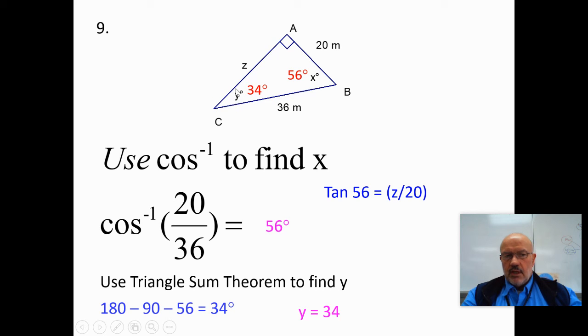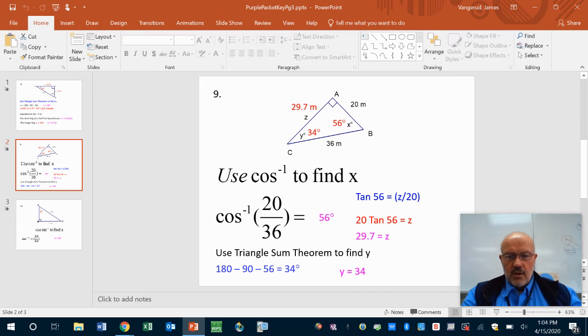Or you could have used the 34 and done cosine over hypotenuse. You got options because you have so much information now. All right, but I thought that this was pretty easy to use. So you're multiplying both sides by 20 to undo that division. That gives you 20 times the tangent of 56. All right, let's go. It says it's 29.7 here.